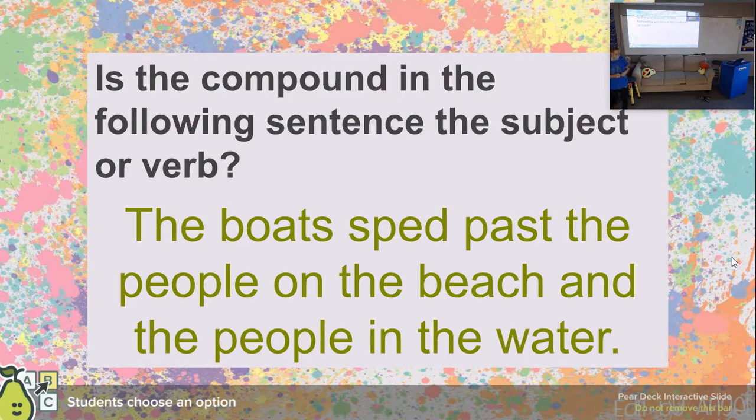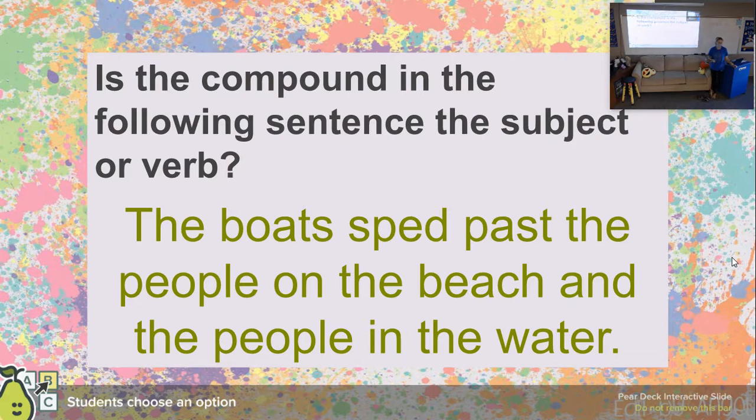Santi? Yeah, man. What are the boats doing? So the boats are speeding. So this is our verb, and you put this all together, sped past the people. That's going to be our predicate.